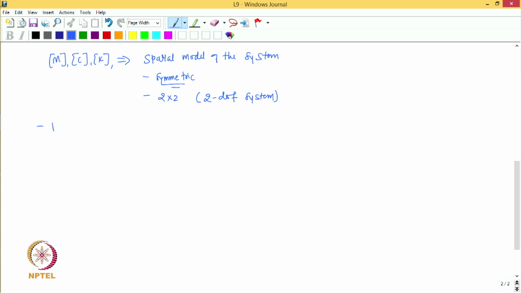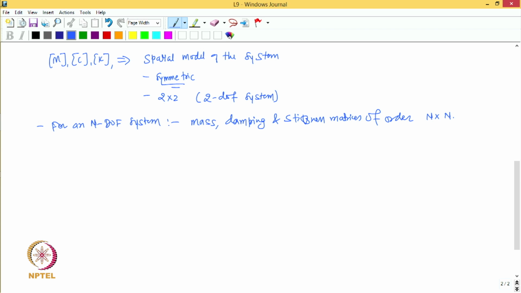Of course, for an MDOF system, we will have mass, damping and stiffness matrices of order n by n. So this is how we obtain the equation of motion for a multi-degree-of-freedom system with viscous damping.